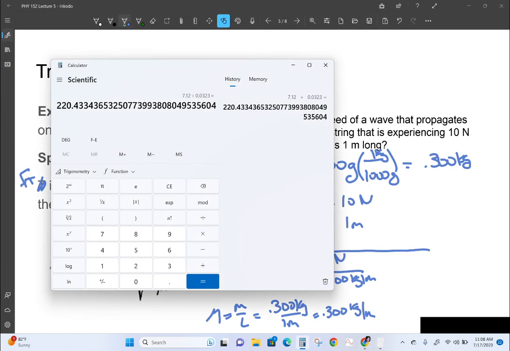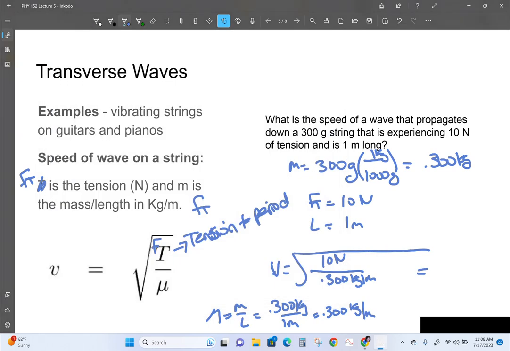So if I take 10 and divide it by 0.3, and now I need to take the square root of that, it's going to be equal to 5.77 meters per second. So the wave would be traveling at that speed up and down the string.